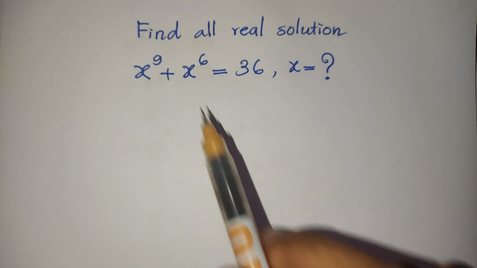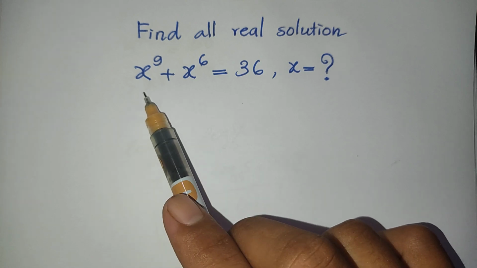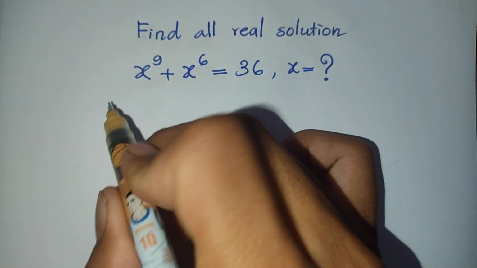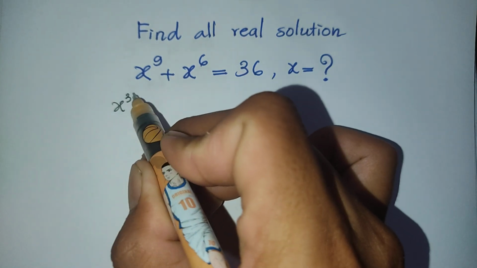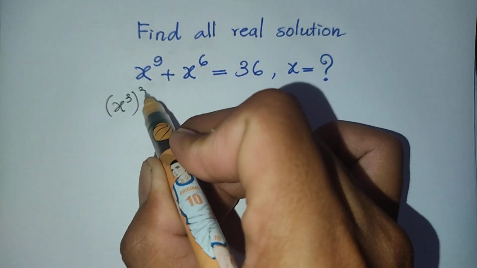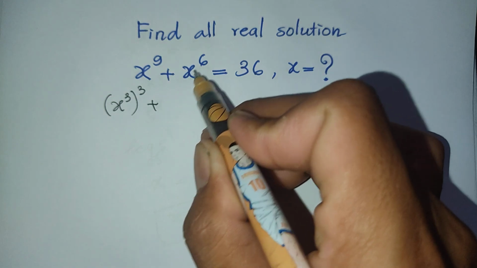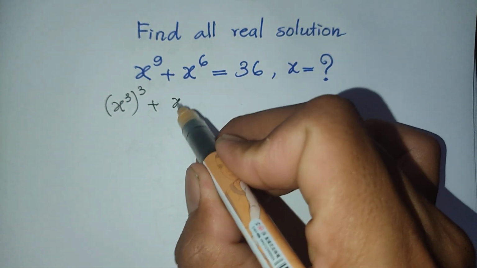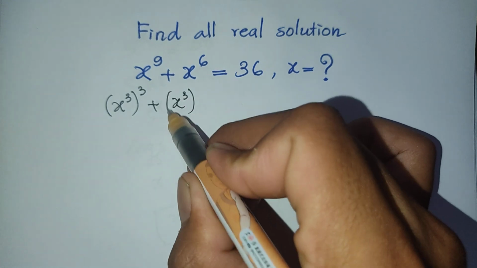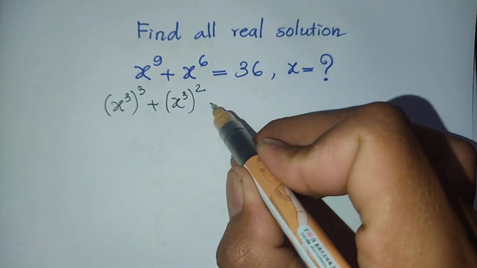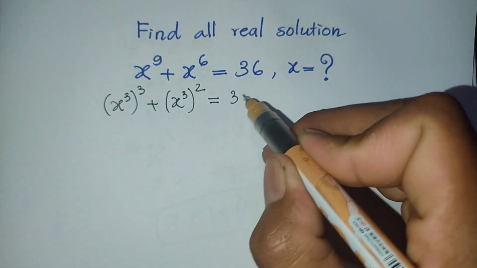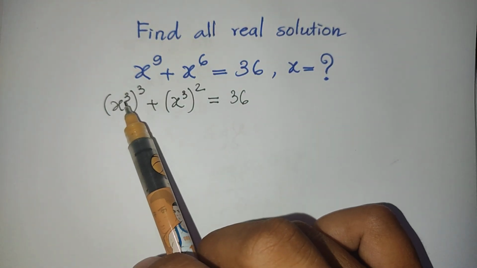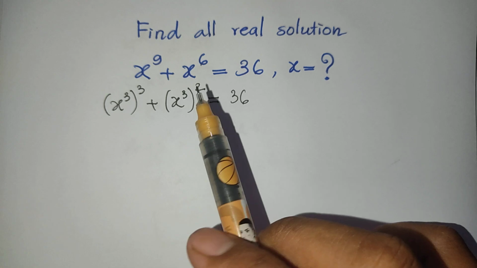Okay, look at our equation. Here is x power 9, so this can be written as x power 3 whole to power 3. And here is x power 6, so this can be written as x power 3 whole squared, and it's equal to 36. Now look, here is x power 3 and here is x power 3.